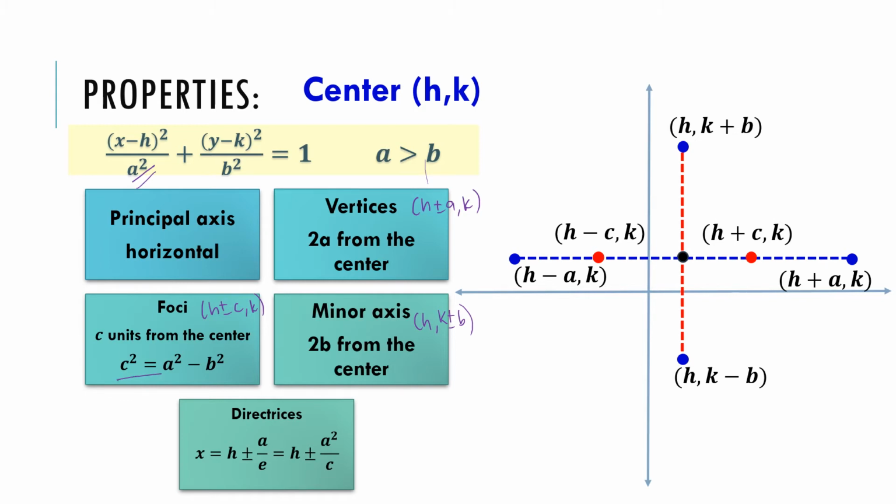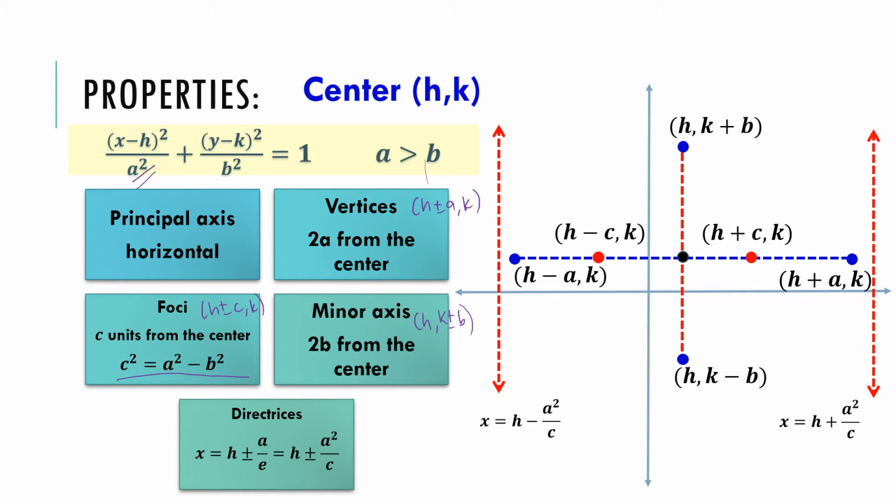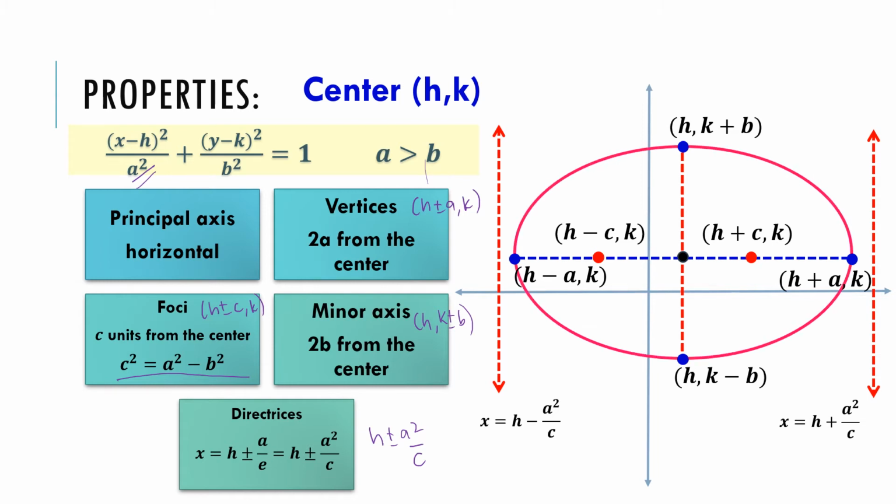Still the same nung kanina. C squared is equal to A squared minus B squared. So the directrices are x equals H plus minus A squared over C. Okay.